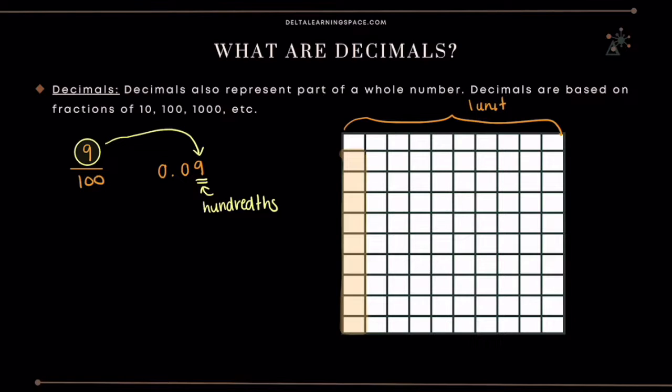If I were to shade that final piece in that column, I would have 10 out of 100 pieces shaded, or as a decimal, 0.10, with now that last digit of my numerator in the hundredths place.